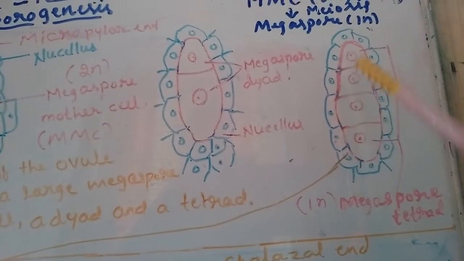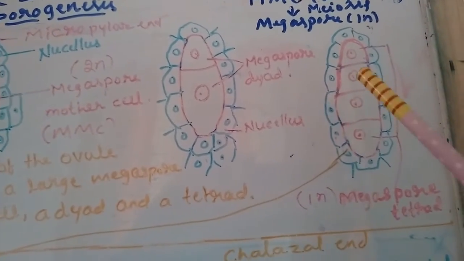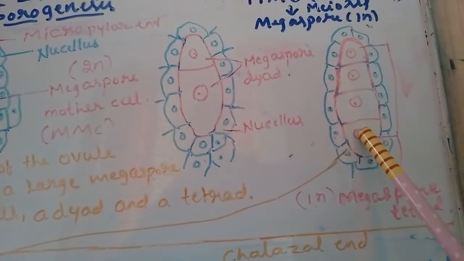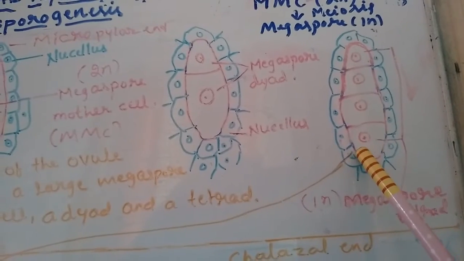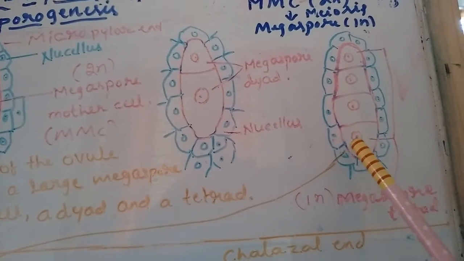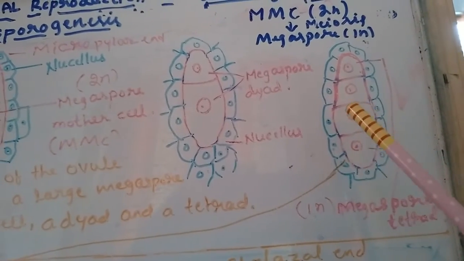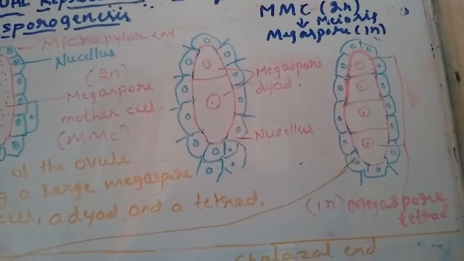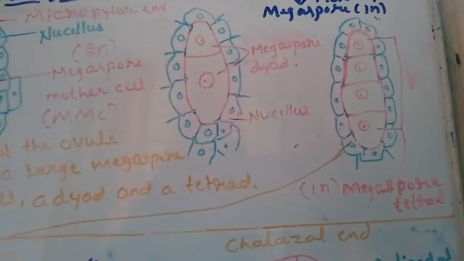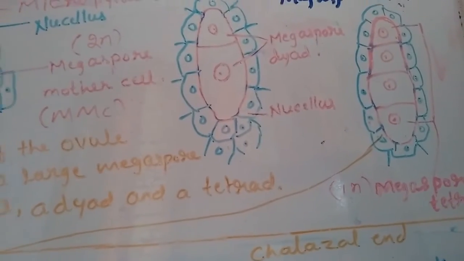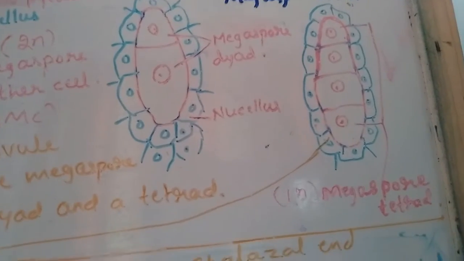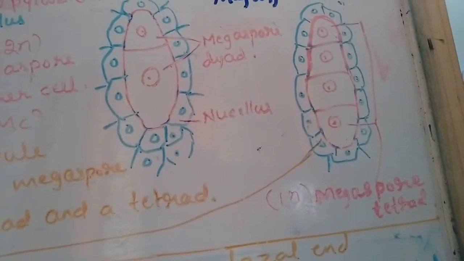Understood? Out of these 4 megaspores, 3 degenerate, and only one megaspore is functional. This functional megaspore is involved in the formation of the embryo sac.